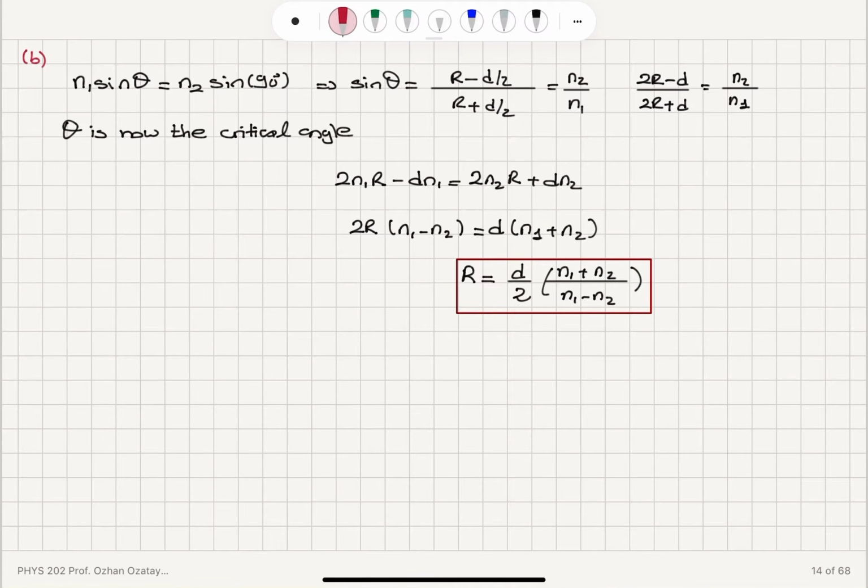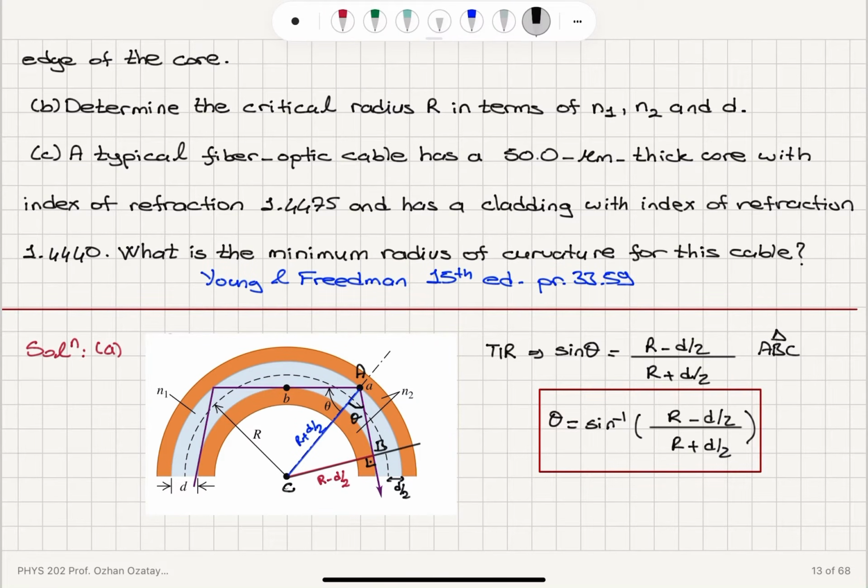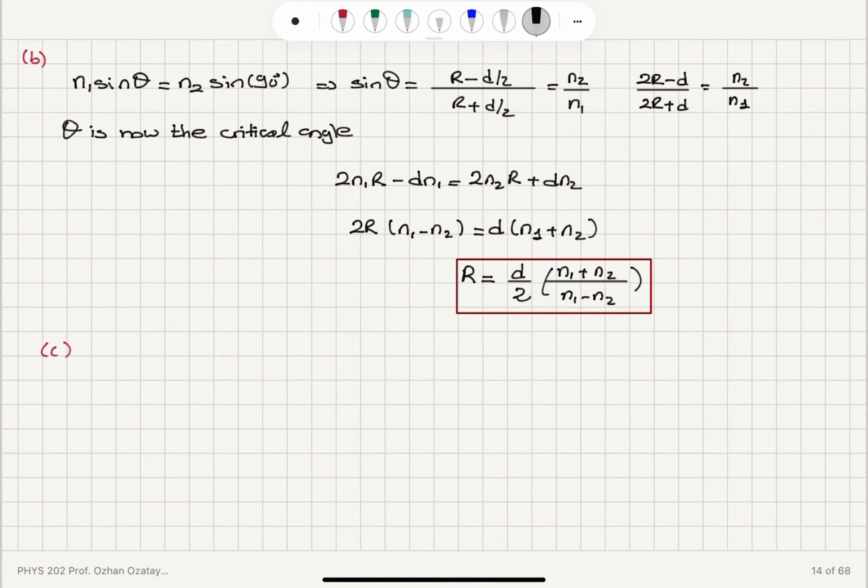In part C, we have a numerical example. The thickness is 50 micrometers, so d is 50 micrometers.